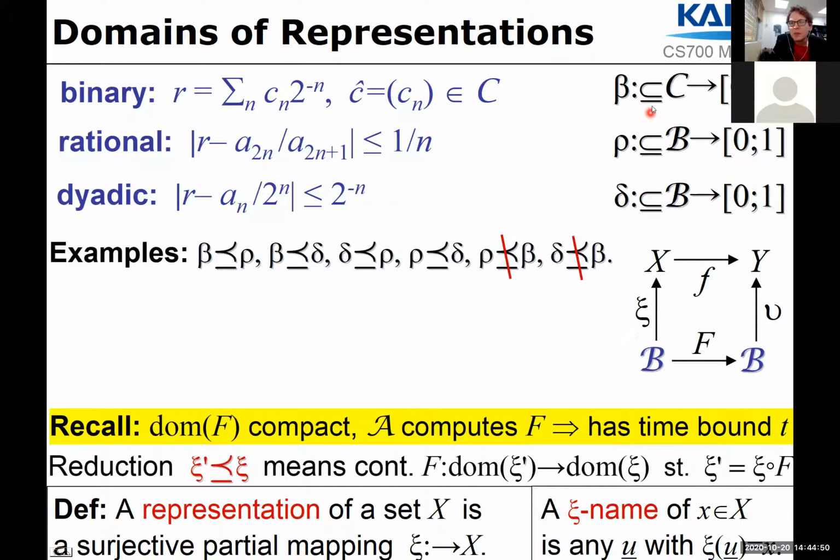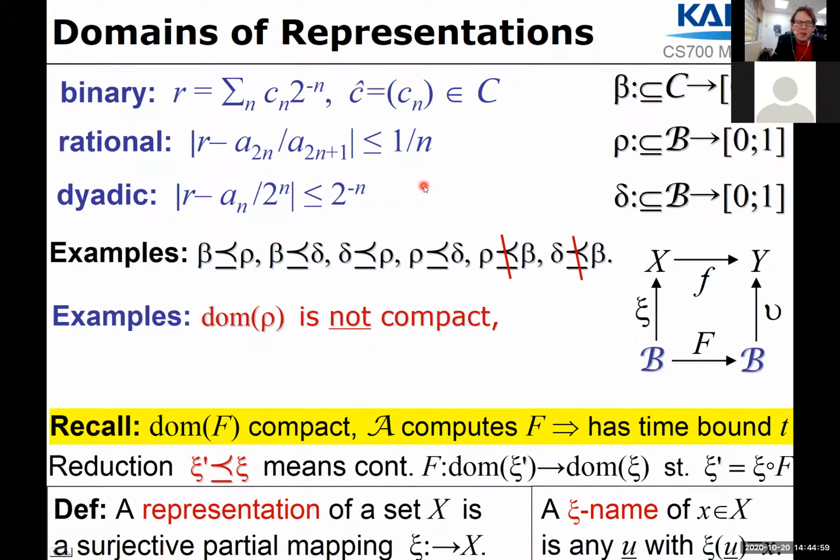They are partial surjective mappings. So let's look at these domains again. It turns out that the domain of the rational representation is not compact. It is closed. It's the pre-image of the closed unit interval under the continuous representation, right?